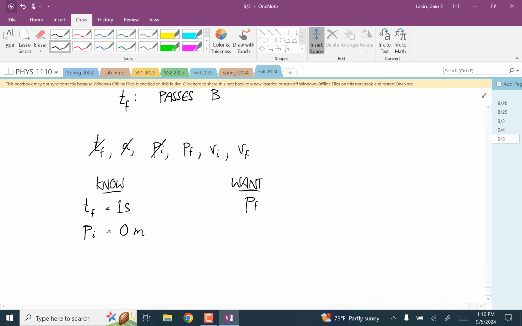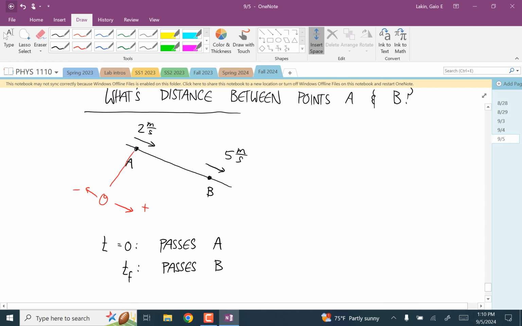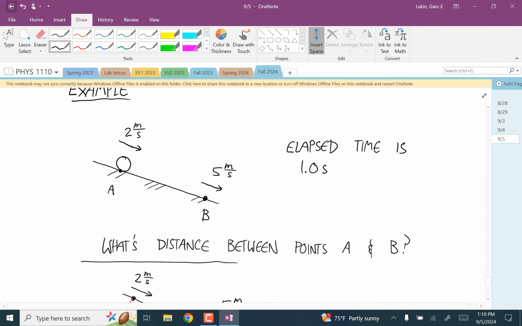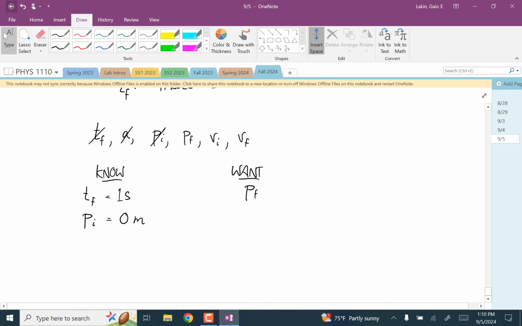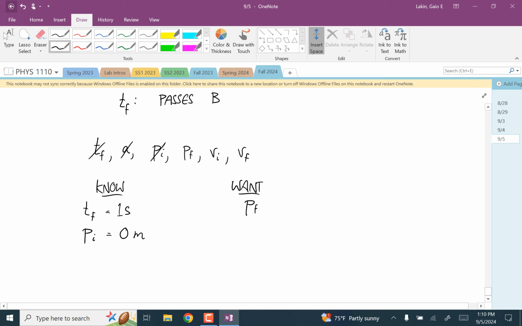How do we know that the time final is 1 second? That was given. Oh, okay. The elapsed time is 1 second. Okay, do we know the velocity when we turn the stopwatch on? Yep.